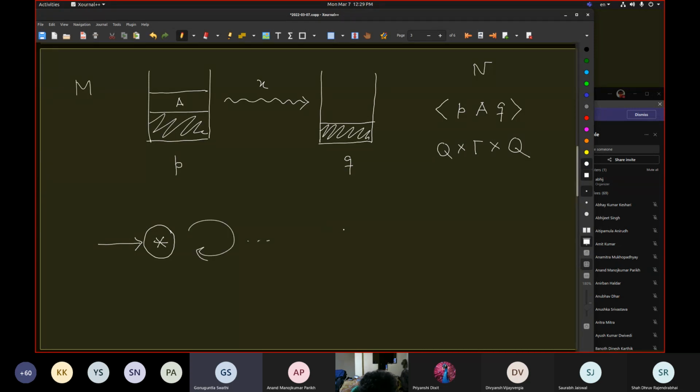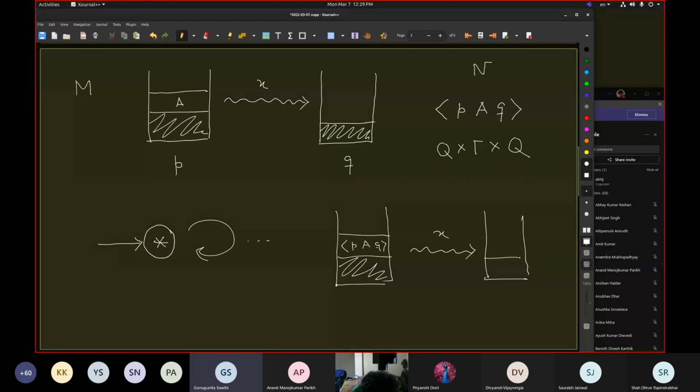But the working of N will be something like this. If it has this symbol P, A, Q, it reads the same string X and can eventually get rid of that extra symbol on the top of the stack without touching whatever is below.